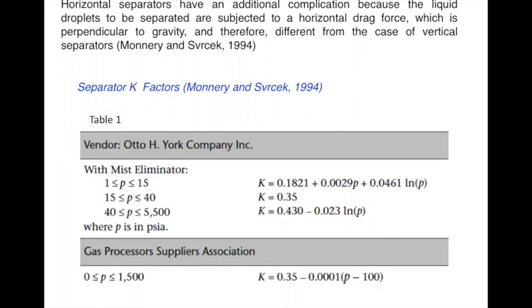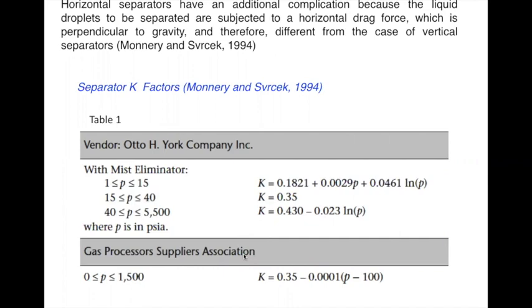So you see that Table 1 is given by Otto H. York company. You see that with mist eliminator and with the different pressure ranges in PSI, the K has been defined, this K, right?